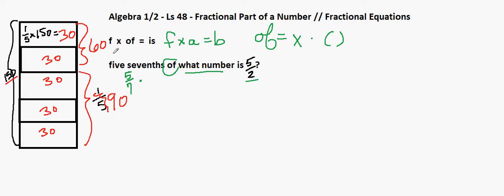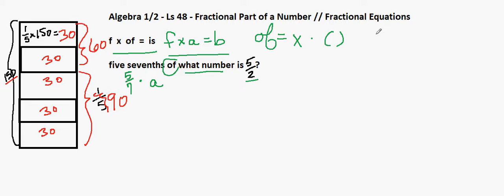You've either got this one or this one, but you'll use it when you see these fractional part of a number equations. 5/7 of what number is 5/2? 5/7 of what number? We don't know. So let's be consistent, that's my a.